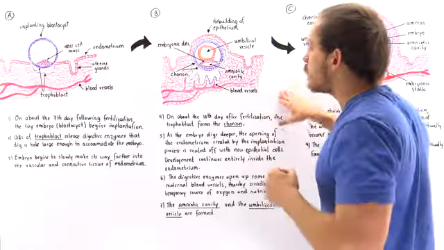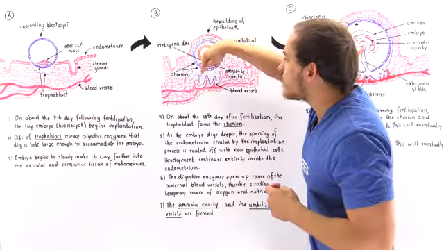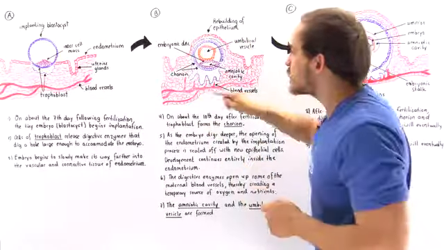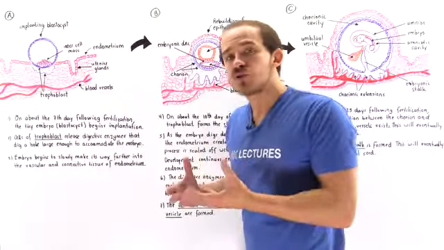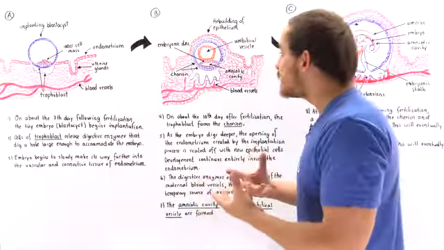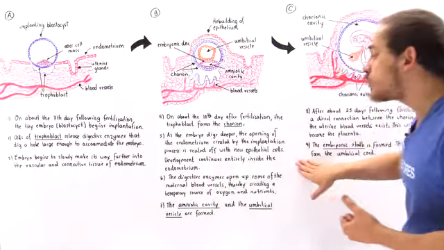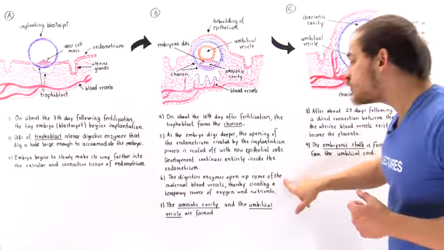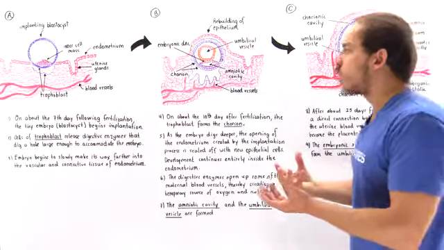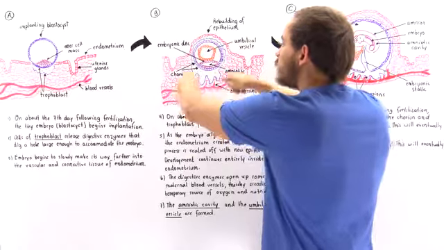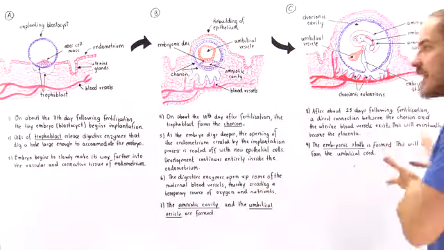Because these digestive enzymes come in close proximity with the blood vessels, the blood vessels are also broken down. This creates a temporary source of nutrition, of oxygen and nutrients such as glucose and so forth. This eventually will develop into something called the placenta.